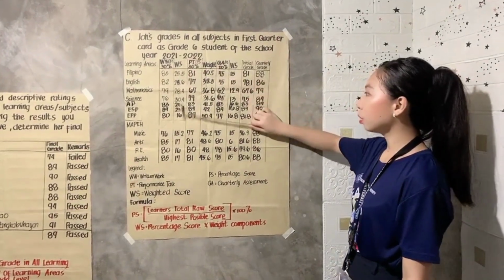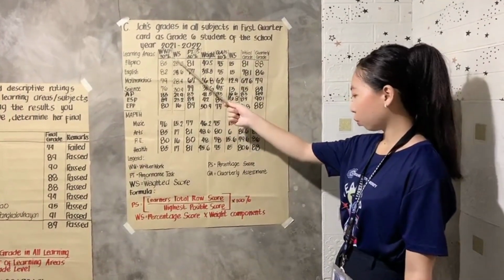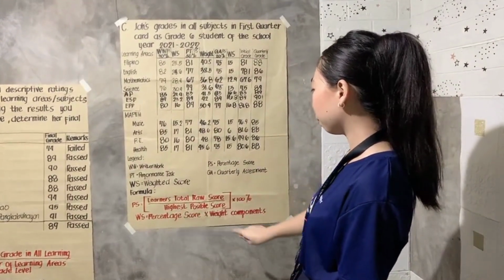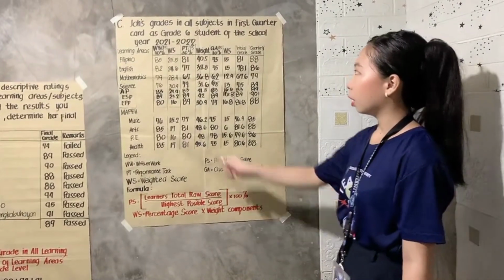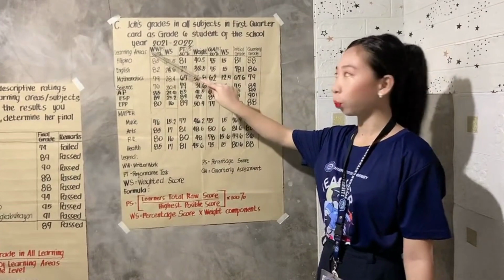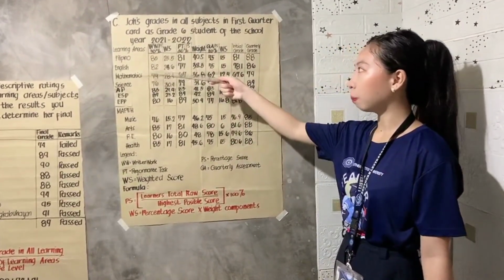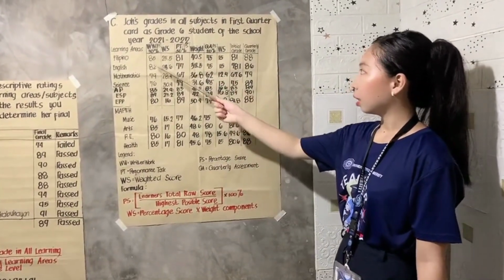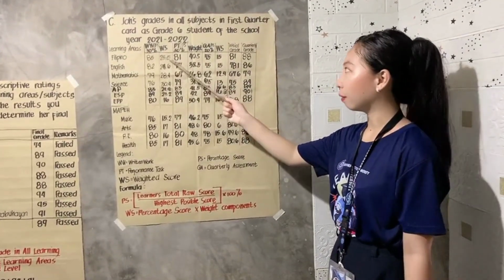So the solution that I have here to get the weighted score is the percentage score multiplied by the weight component. The weight component is 30%, which is for the written work, and the percentage score has already been given, which is 85%. So 85% multiplied by 0.30, that will be 25.5.